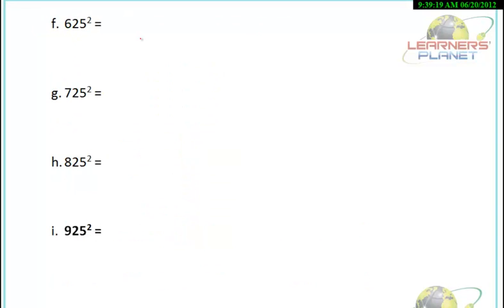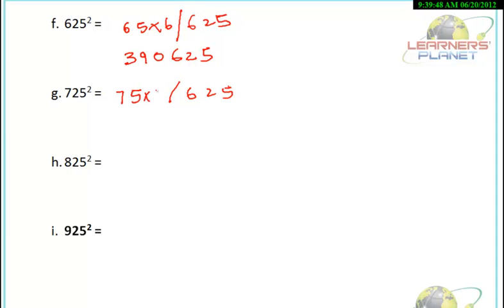Now, what will 625 square be? Similarly, it's 625 and 65 into 6. You can calculate it on your own. What will the final answer be? 390625. Okay. Similarly, 725 square, 625 and 75 into 7.